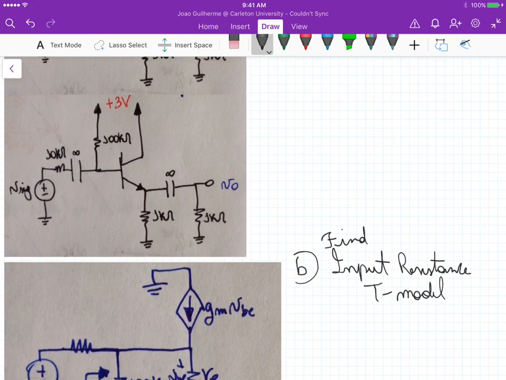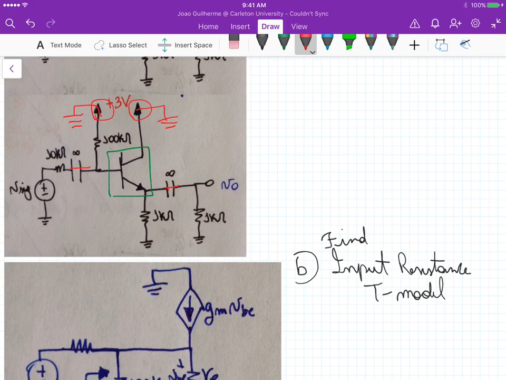So if we substitute this first, because we are going to perform a small signal analysis, now this capacitor becomes a short circuit, this capacitor becomes a short circuit, this one here and this one here, they both go to the ground, right?